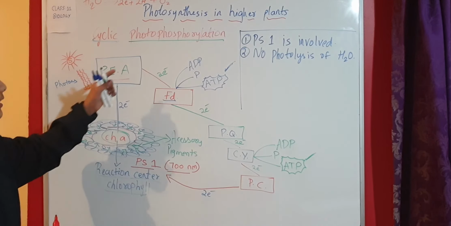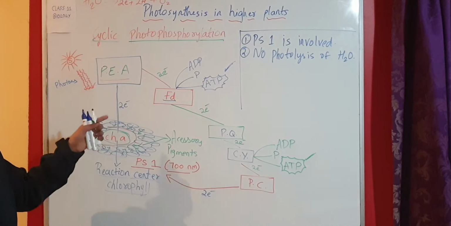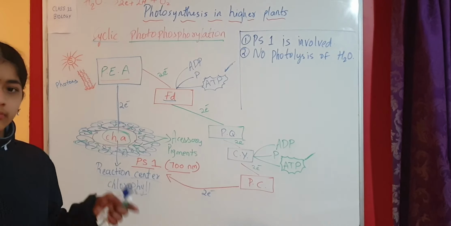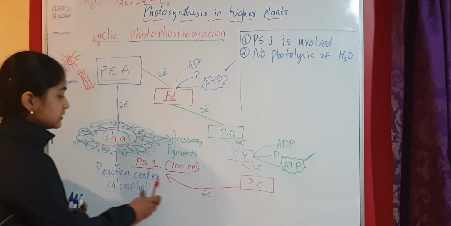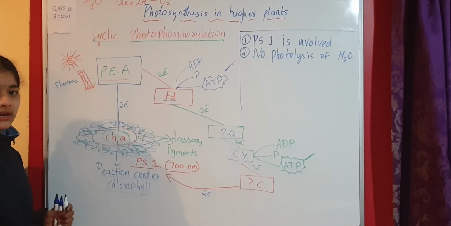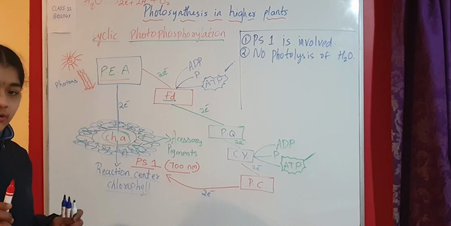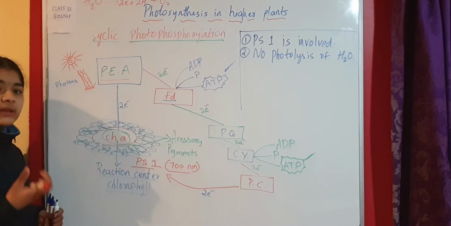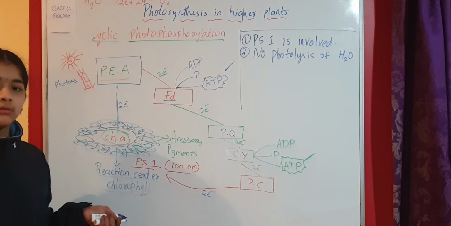That's why we use photolysis. Here there is no such thing, because the electrons are coming back to the position where they started their journey. The main purpose of photolysis is to replace the electrons. Here there is no need to replace electrons, because it has those electrons. Why replace them?